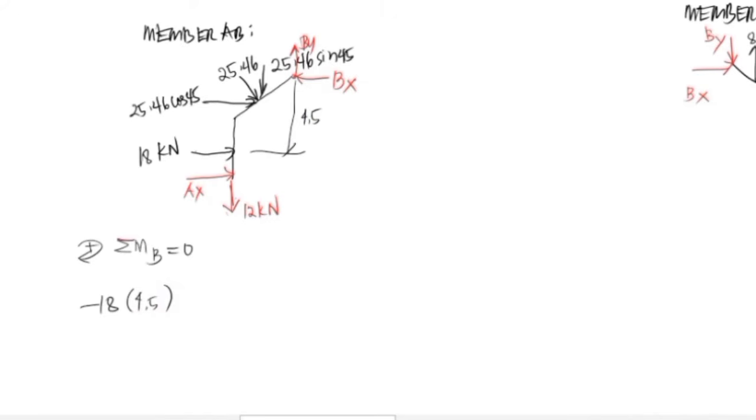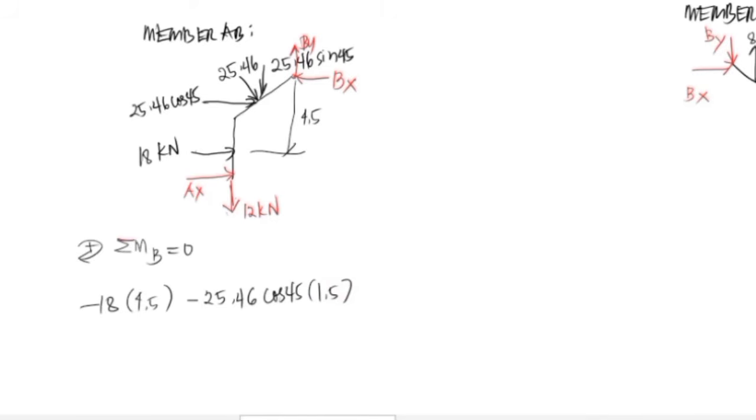And the horizontal component of 25.46 will create a counterclockwise rotation also. So that's negative 25.46 cosine of 45 multiplied by the distance of 1.5, kasi half of 3 meters na height.